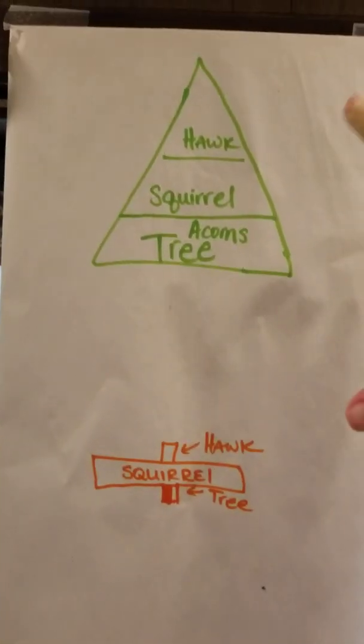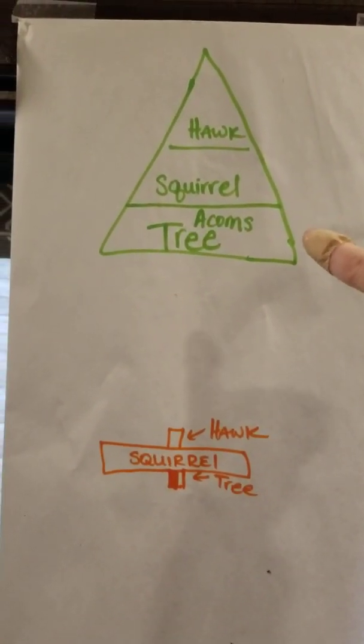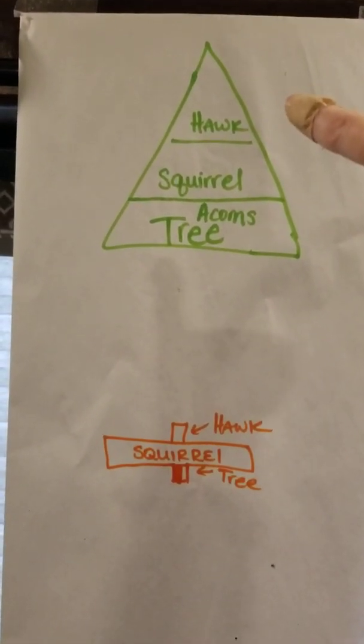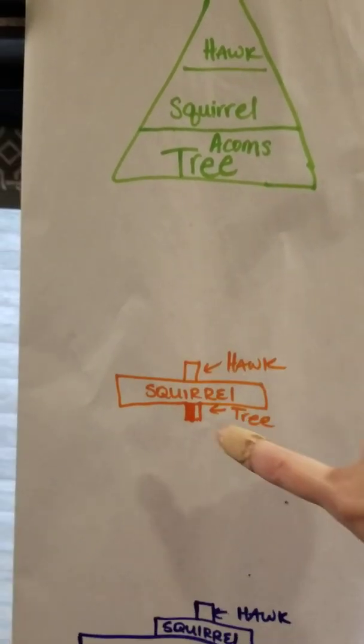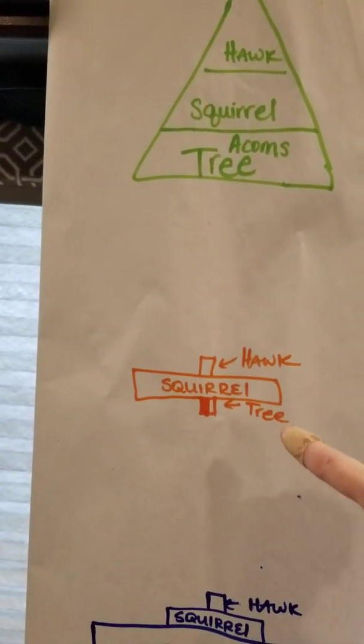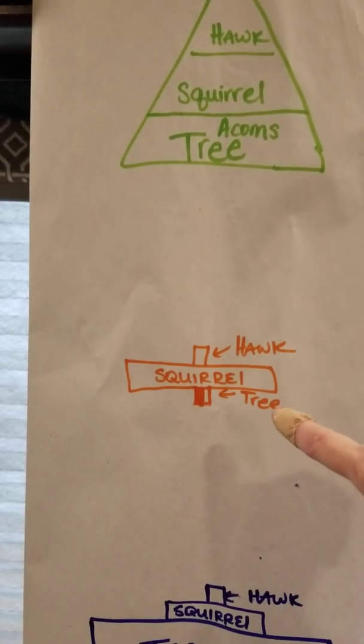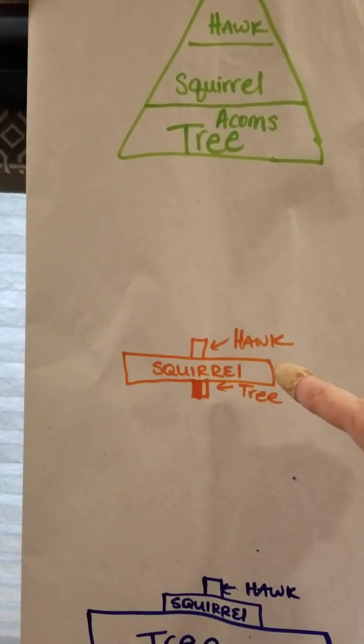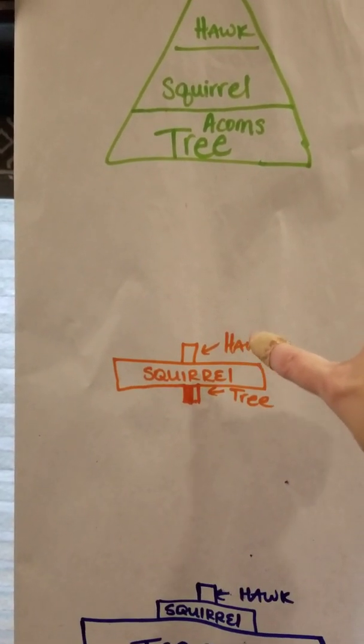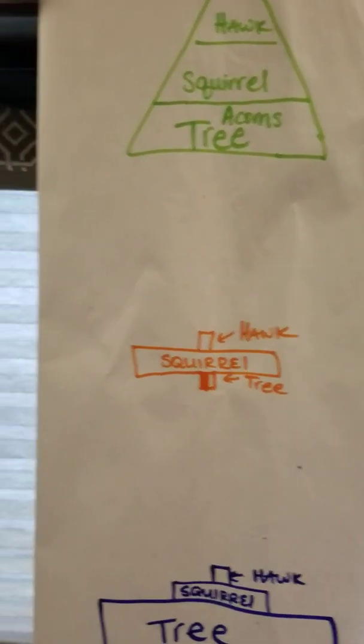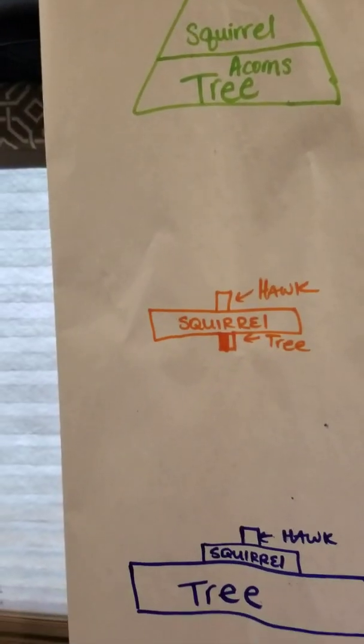For our food pyramid, we're looking at the acorns on a tree, squirrel, and hawk, okay? For the pyramid of numbers, you're only going to have one tree, right? And a whole bunch of squirrels can live in that tree, and one hawk can live off of all those squirrels, okay?